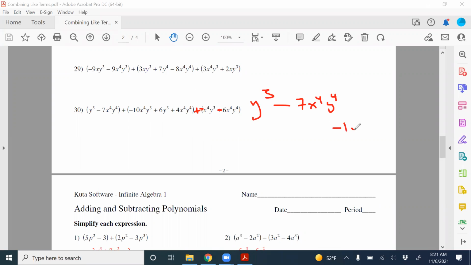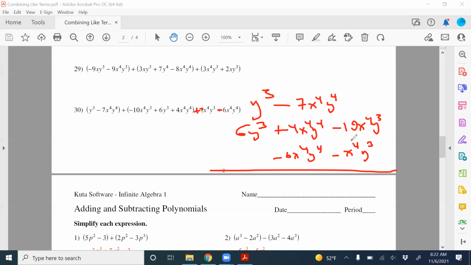That doesn't combine with anything from the first group, so I'll just put it off to the side here. 6y cubed, bingo, lines up with the y cubed from the first group. 4x^4y^4, bingo again. That combines with the negative 7x^4y^4 from the first group. And for the third group, we have negative x^4y^3. That combines with the negative 10x^4y^3 from the second grouping. And then a negative 6x^4y^4, I'll put it right in the middle there, because that combines with the x^4y^4s from the other 2 groups.